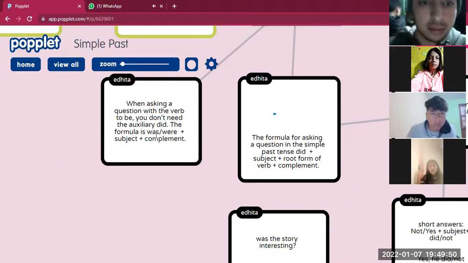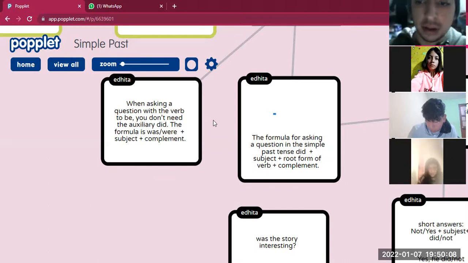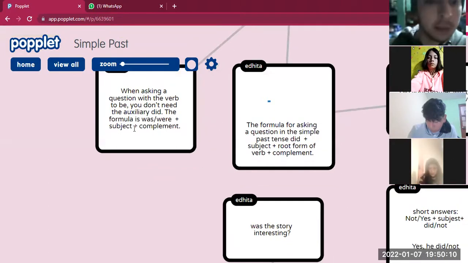I'm sorry, the formula is was or were plus subject plus complement. We're not doing an affirmative or negative sentence; we are going to ask a question. This grammatical rule we only use with the verb to be, not with the rest of the verbs.